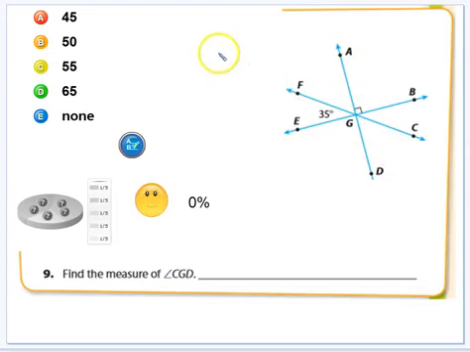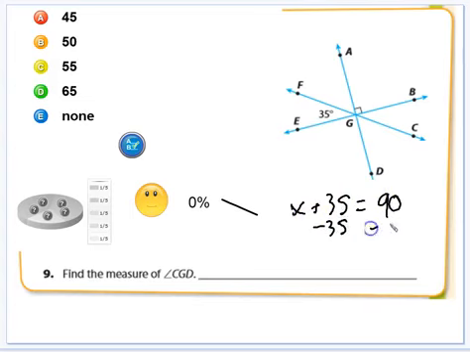So I've got, we don't know, FGA is X, we'll say it's X plus 35 equals 90. Minus 35 from both sides. So when we do that, 5, 5.